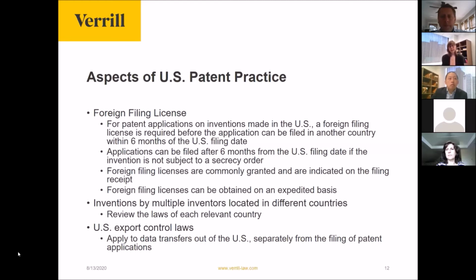So if that's an issue for you, you'll need to check with someone in each of those countries who knows that law and figure out how you're going to handle that.